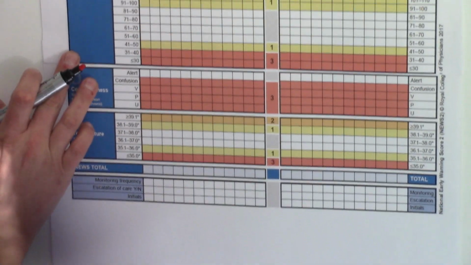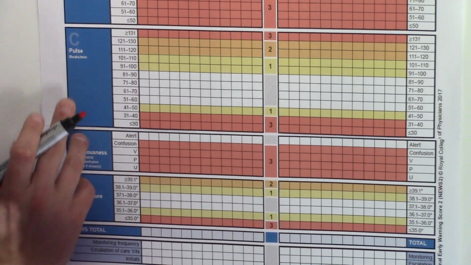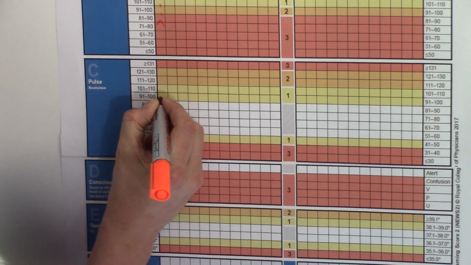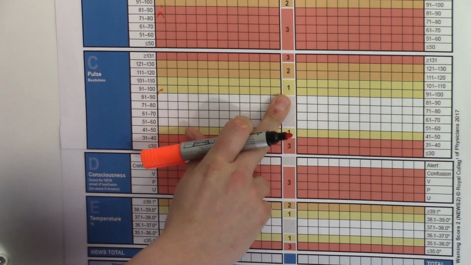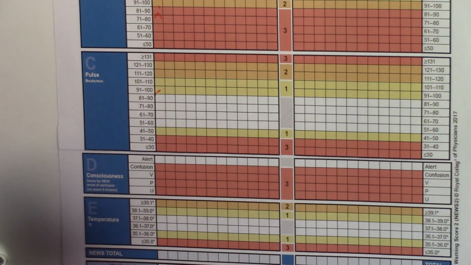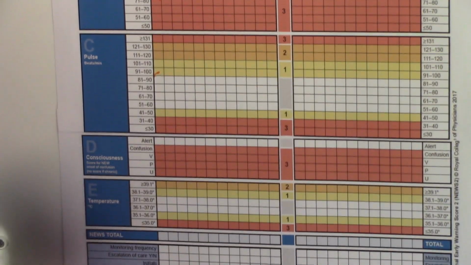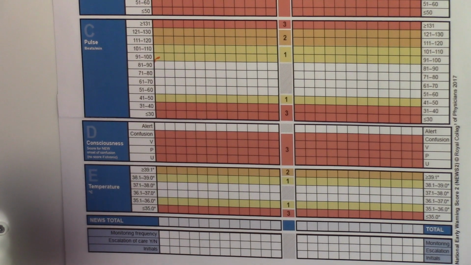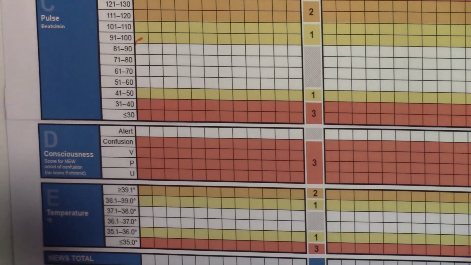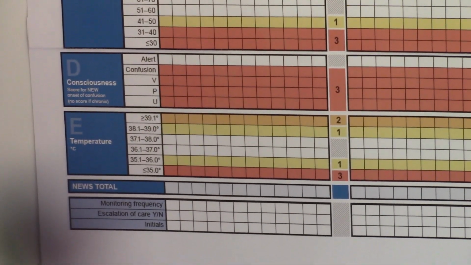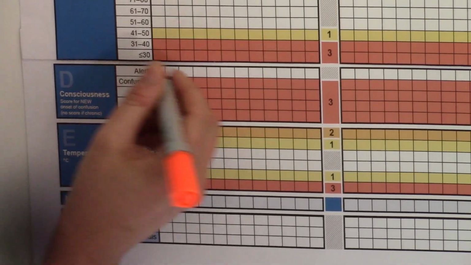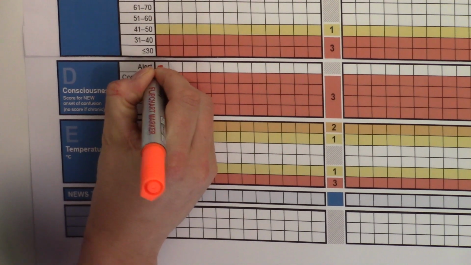Okay, as we come down, and I'll go down with it. As we get down to pulse, so we're still in C for circulation. Say David's pulse is 103. Come across, you can see he scored a 1. Now, we're coming down to consciousness level, and that falls within the disability section of ABCDE. Remember, ABCDE is the approach that we use to all unwell patients. Consciousness level, David is alert.